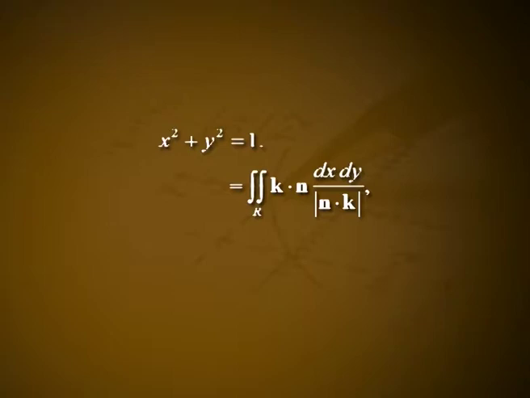That is, R is the region enclosed by the circle x square plus y square equal to 1, which is equal to double integral over R k dot n dx dy by determinant n dot k, which is equal to double integral over R dx dy.